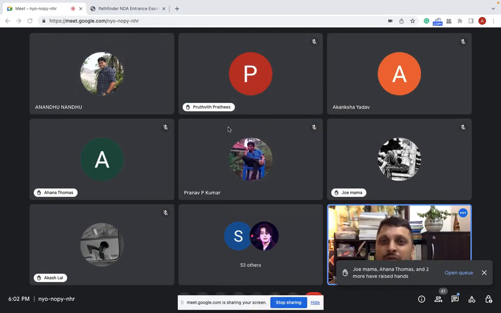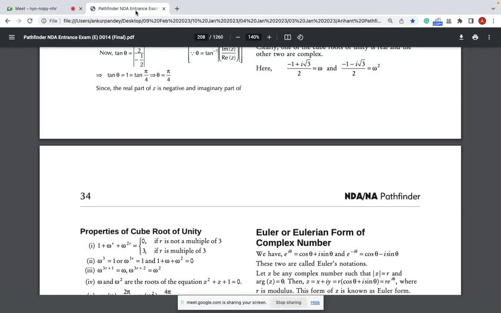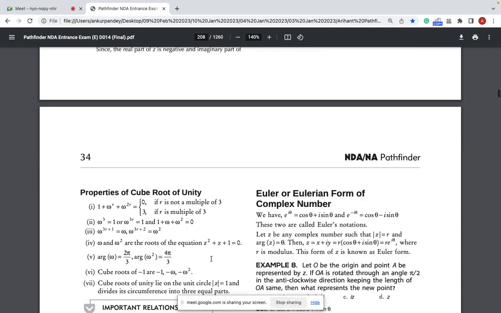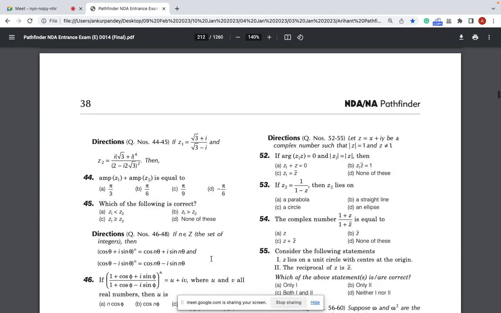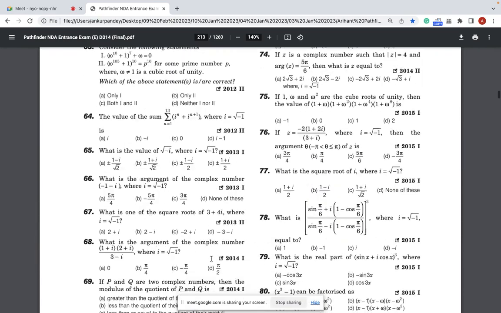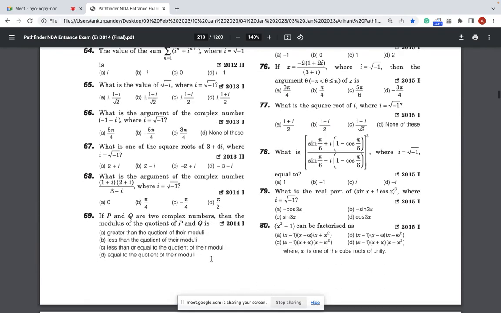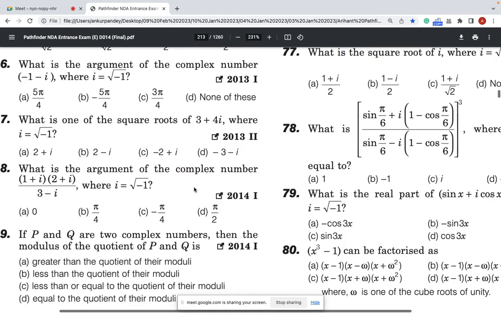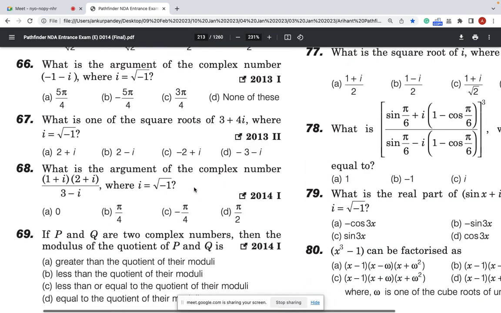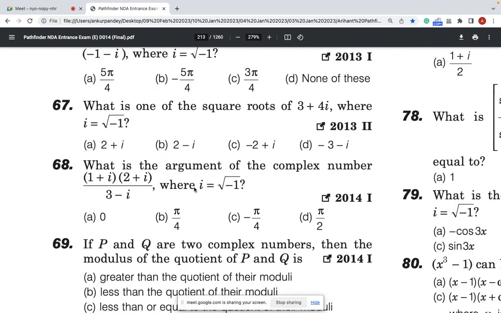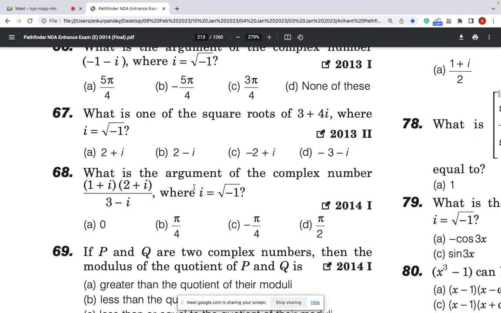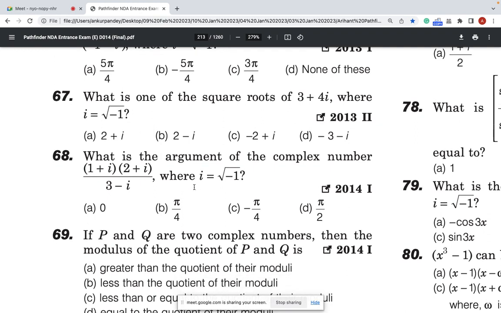So here we go. Screen shared again. Look at this. Answer for 67. Sir, the screen isn't visible for me. Screen sharing has been stopped on my iPad. So it is showing here. Sir, I can't see. Sir, now it is visible. This presentation is visible.